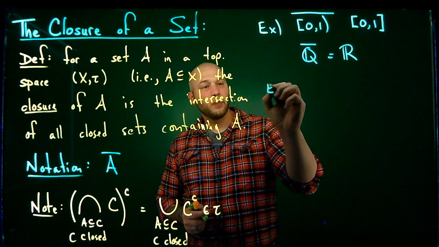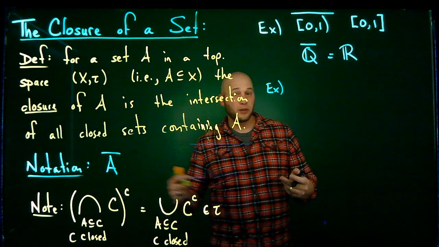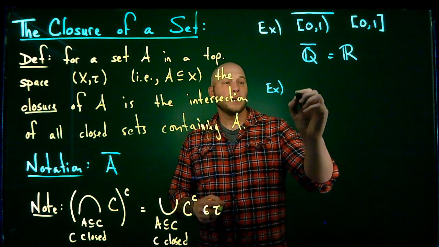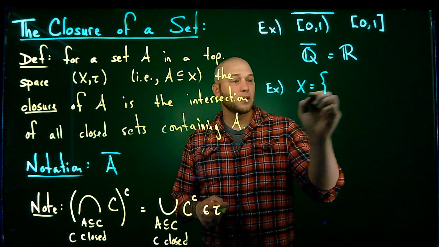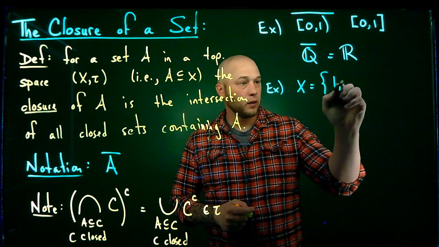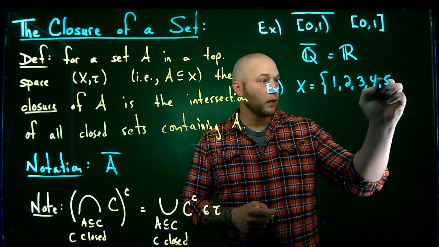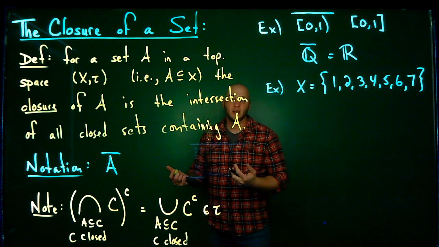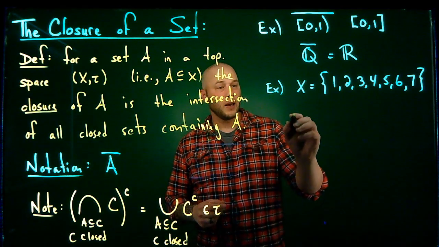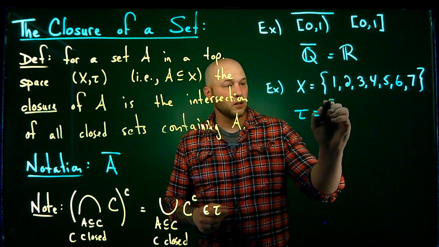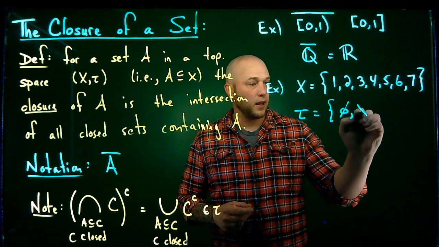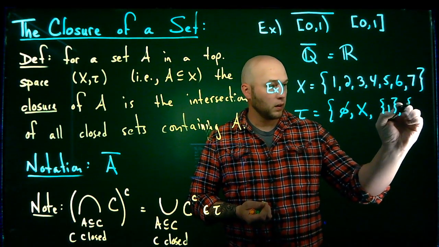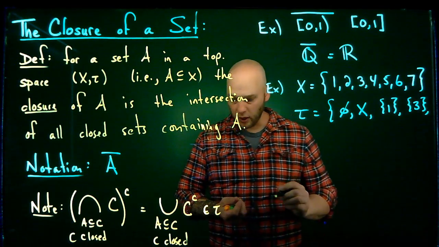Now let's look at an example of a topological space that is just for discussion purposes. Let's say X is the set consisting of 1, 2, 3, 4, 5, 6, and 7. In other words, the underlying set consists of just the elements 1 through 7, and the topology on that consists of the empty set and X, along with the singleton {1}, the singleton {3}.